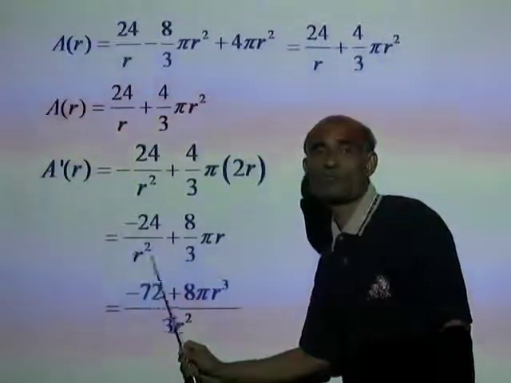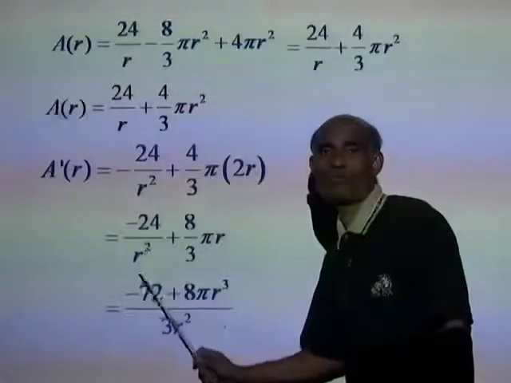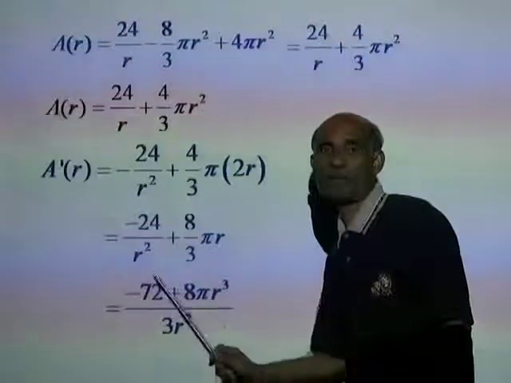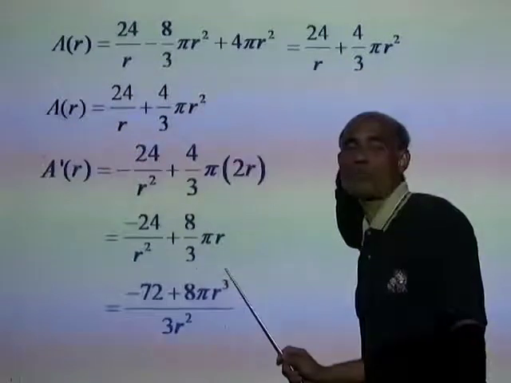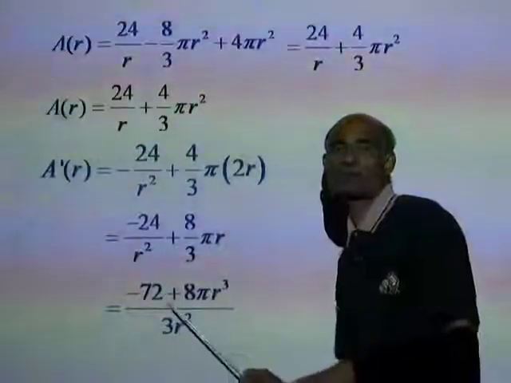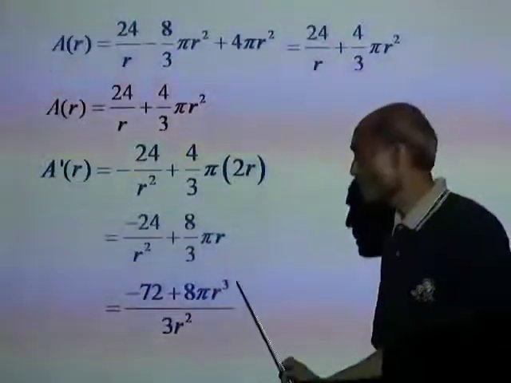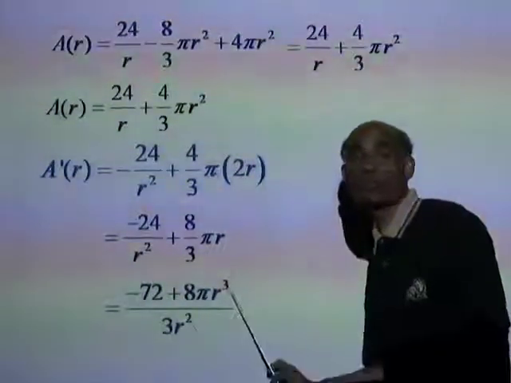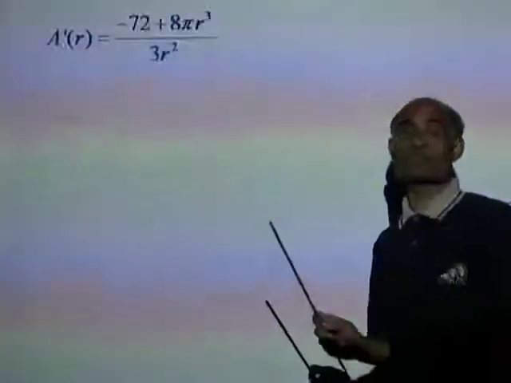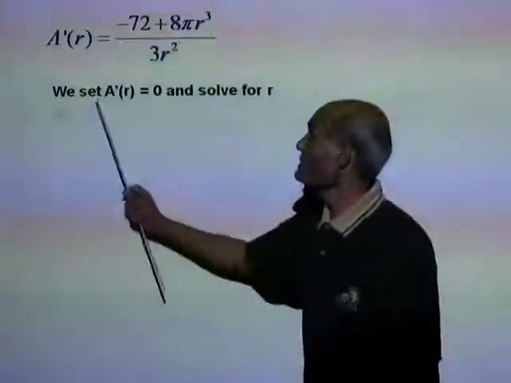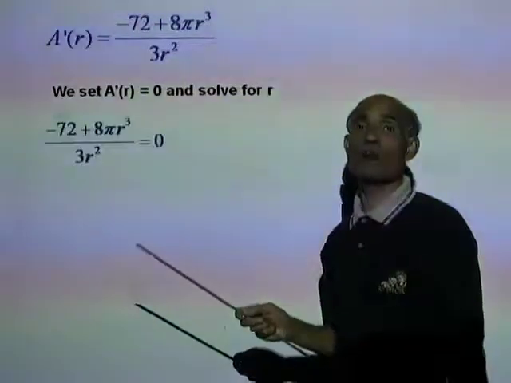When 3r squared is taken as the common denominator, 3 will get multiplied with negative 24, giving you negative 72, plus r squared will multiply here, giving you 8 pi r cubed, and the denominator will be 3r squared. It's now easy to set that equal to 0, because this becomes 0 when the numerator becomes 0. So we set A prime of r equal to 0 and solve for r.